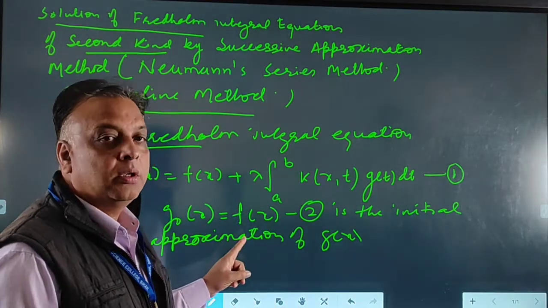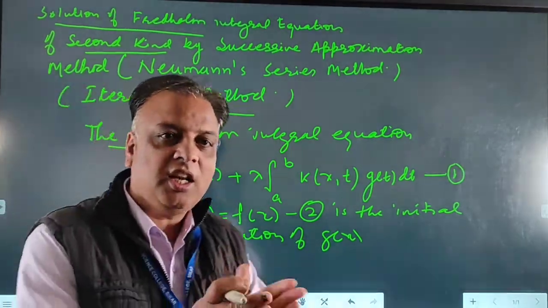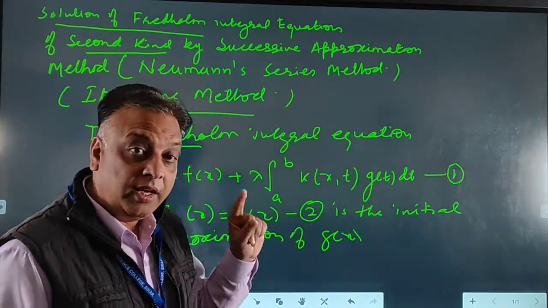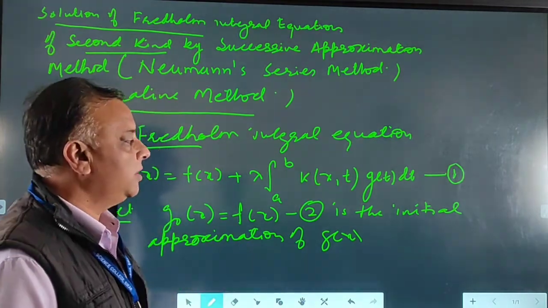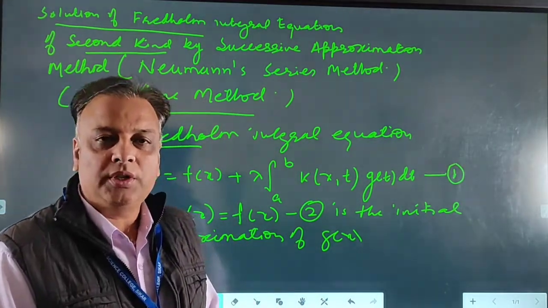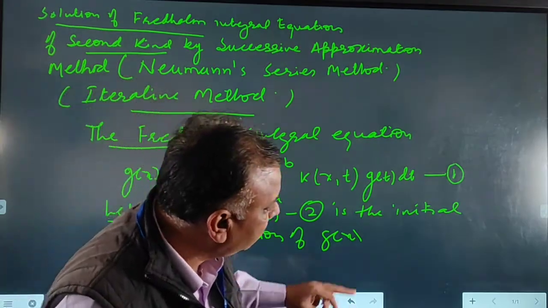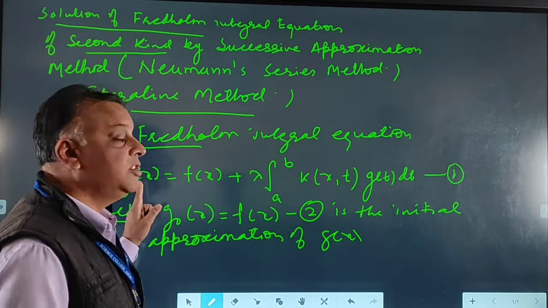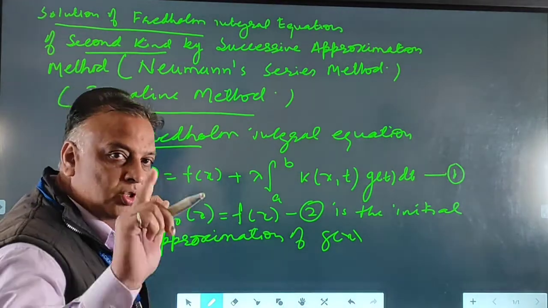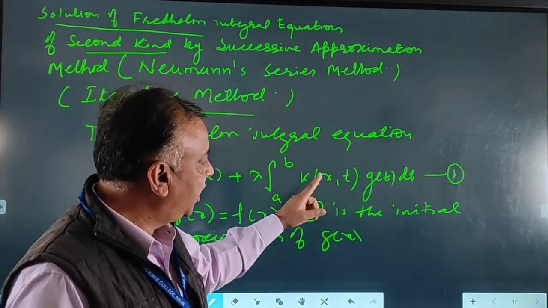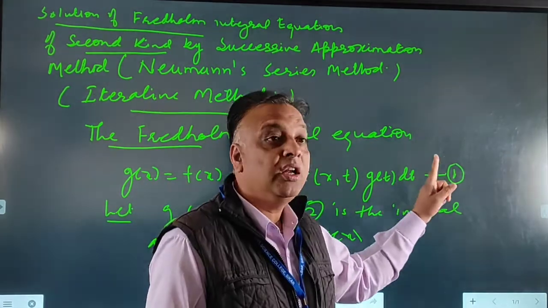Now if we put g0(x) as the initial approximation in equation number 1, then we get the first approximation g1(x). So g1(x) = f(x) + lambda integral a to b K(x,t) g0(t) dt.